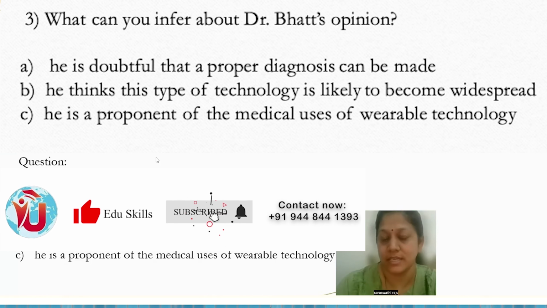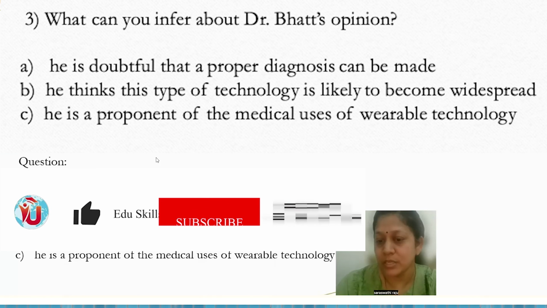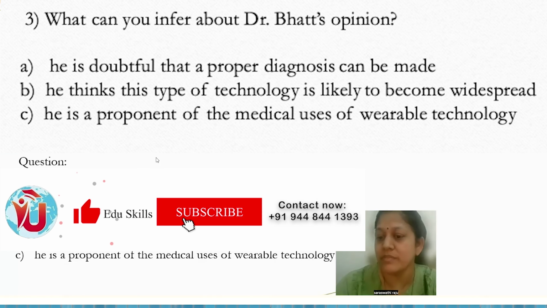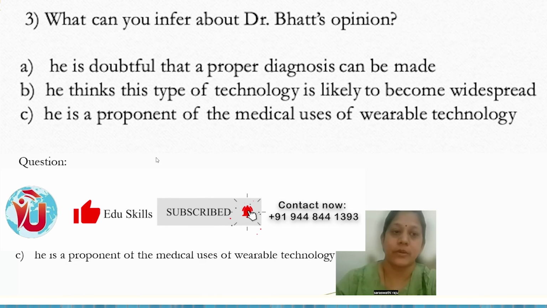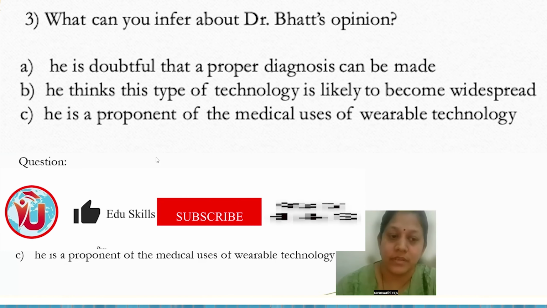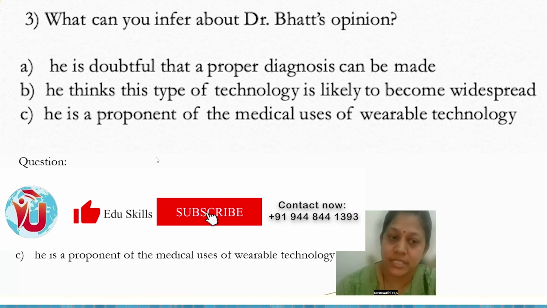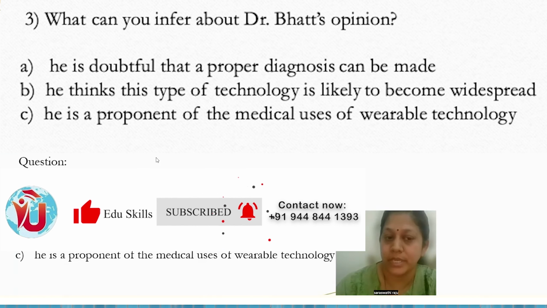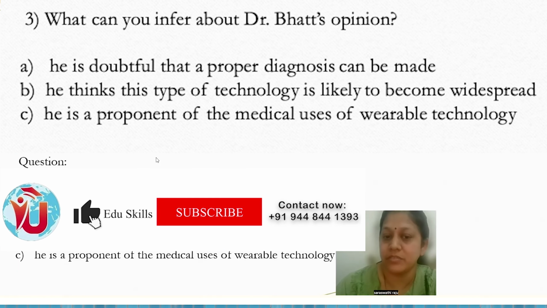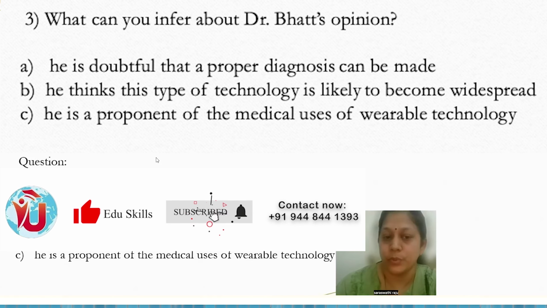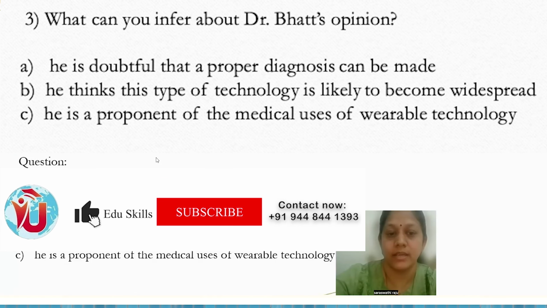He is a proponent of the medical use of wearable technology. So here we can identify the keyword is doubtful. Then he thinks, opinion, right? So all these things: proponent, thinks, doubtful. This is our keyword. Then we can go for option A.